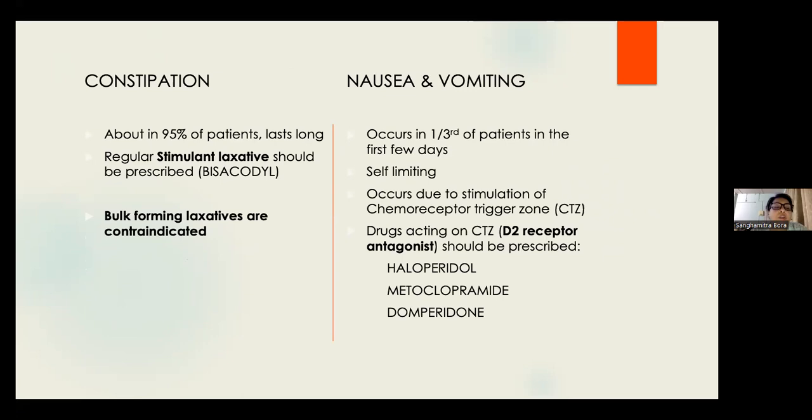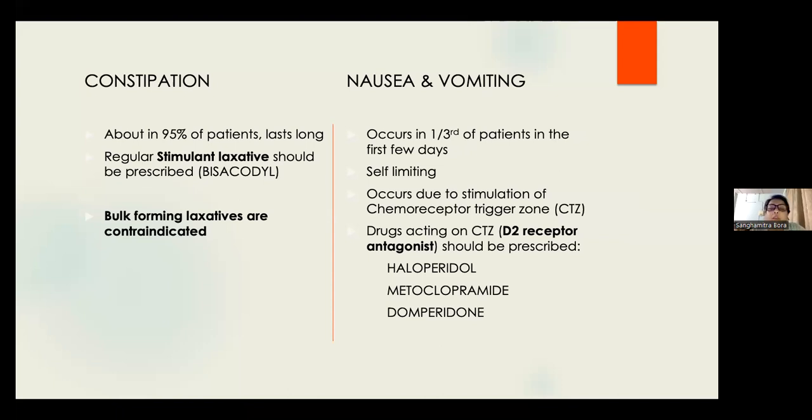We must not use bulk-forming laxatives because they form bulk without stimulating the gut to release the waste. They only add to the waste mass, and that's why bulk-forming laxatives are contraindicated in morphine constipation.